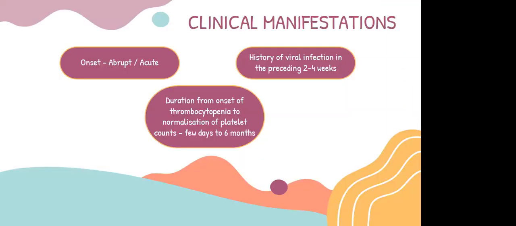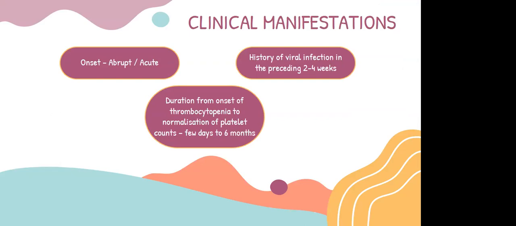So the clinical manifestation of ITP: onset is usually abrupt or acute, and the majority of patients have a history of viral infection in the preceding 2 to 4 weeks. The duration from the onset of thrombocytopenia to platelet count becoming normal is a few days to 6 months.